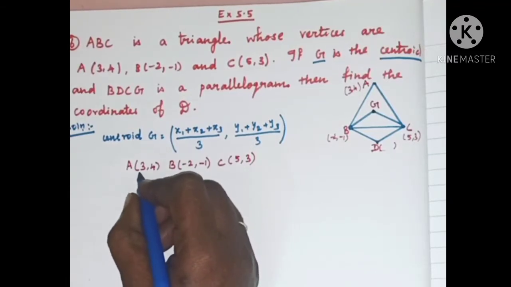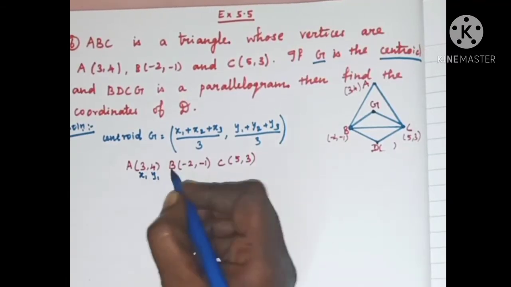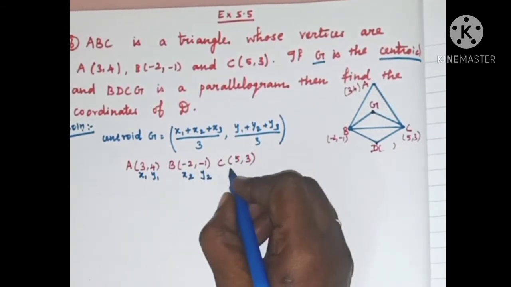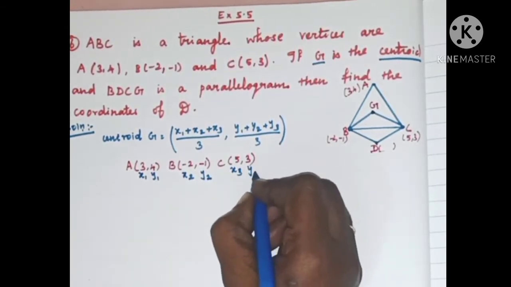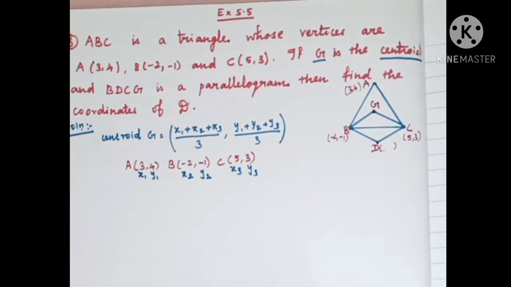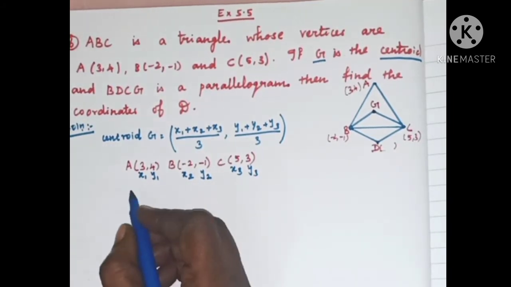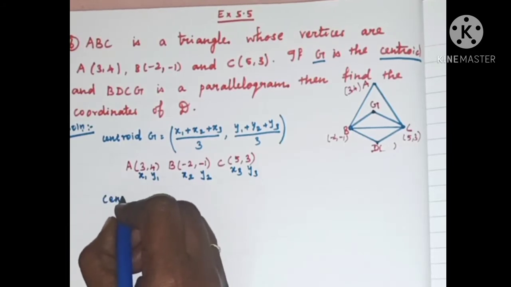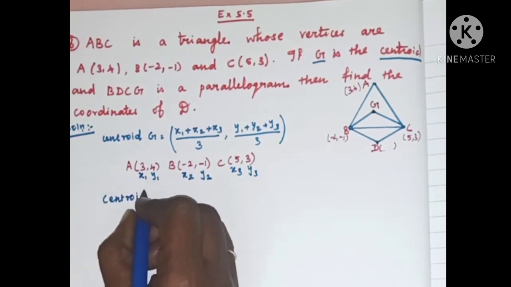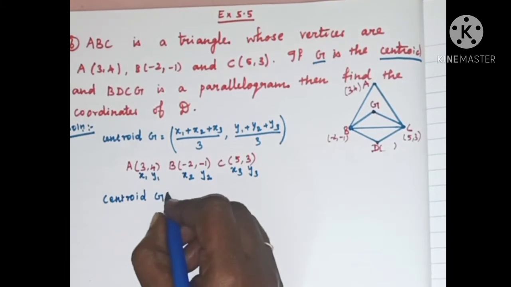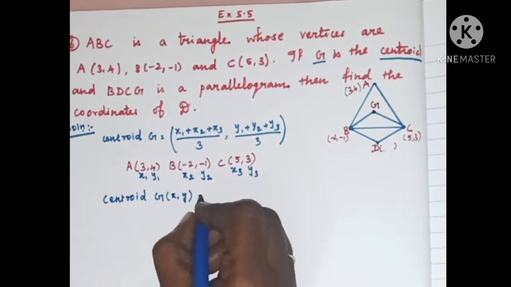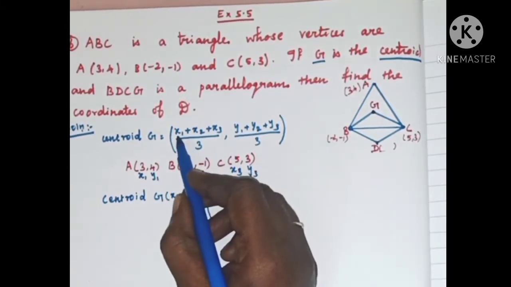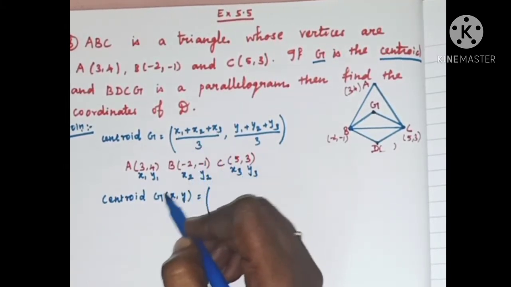Take the A coordinate as x1, y1, the B coordinates as x2, y2 and the C coordinate as x3, y3. Now we have to find the coordinates of centroid G, taking them as x comma y, substituting the values.